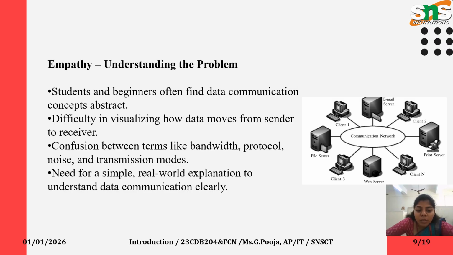Here, why do we actually learn about it? Because confusion may arise between terms like bandwidth, protocol, noise, transmission modes, and so on. We would need a simple explanation of them, and therefore understanding what the problem is is more important.